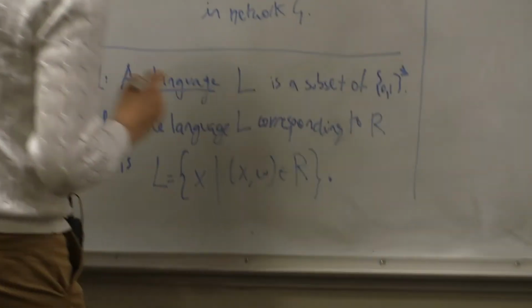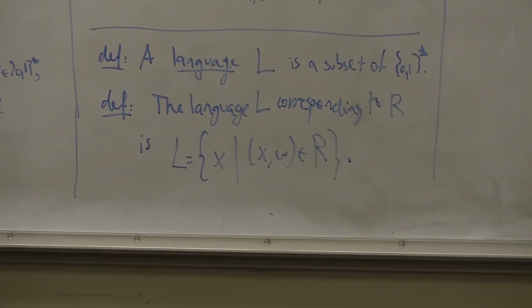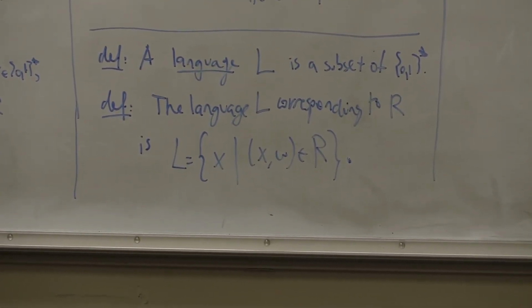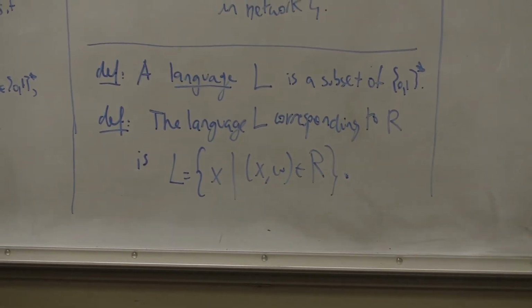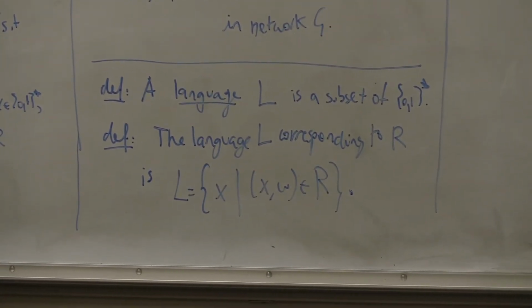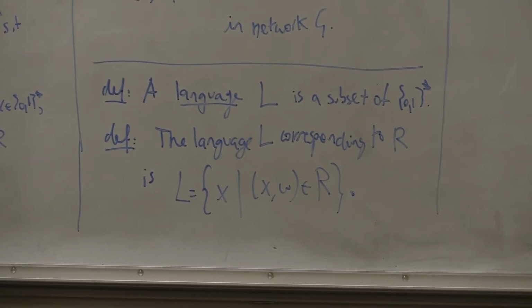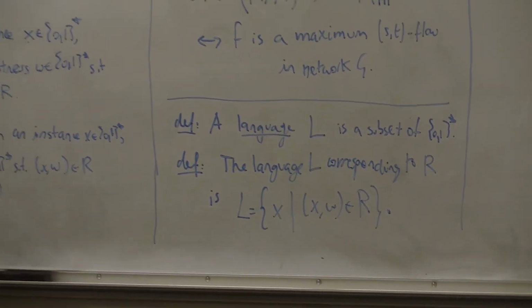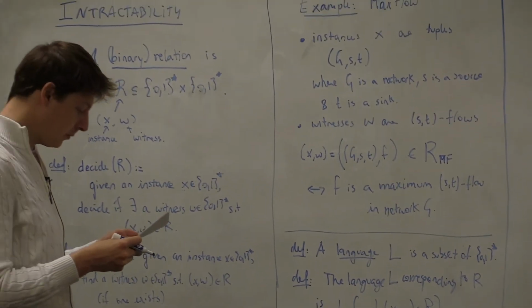All right, so languages and relations are really the bread and butter, or at least the basic notions that let you express computational problems, at least for the classes P and NP that we're going to talk about today.